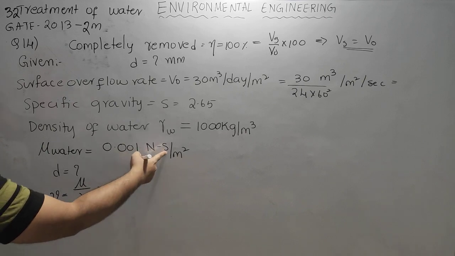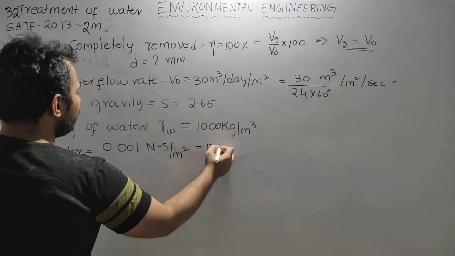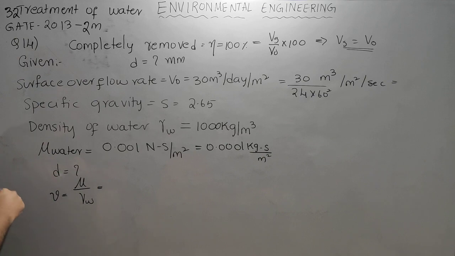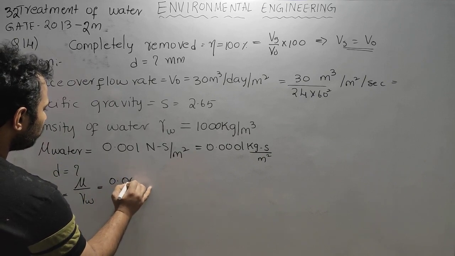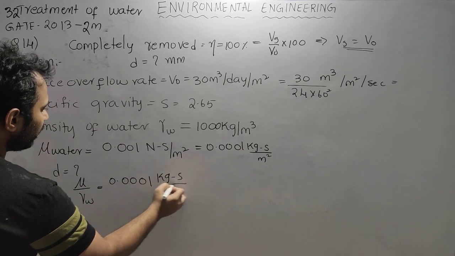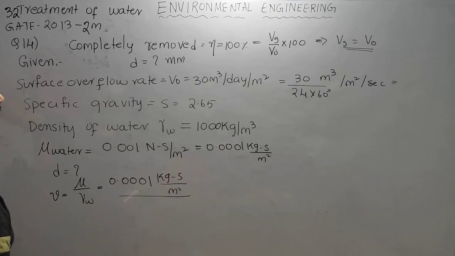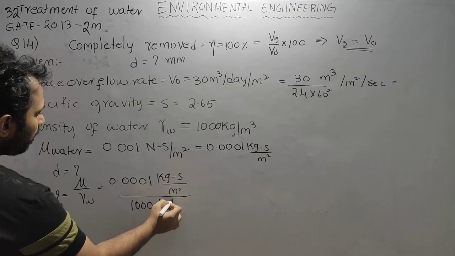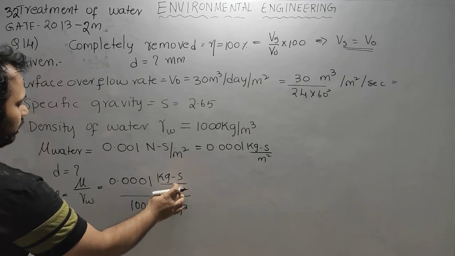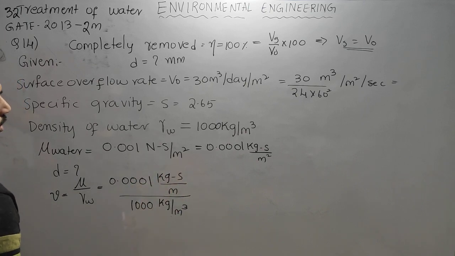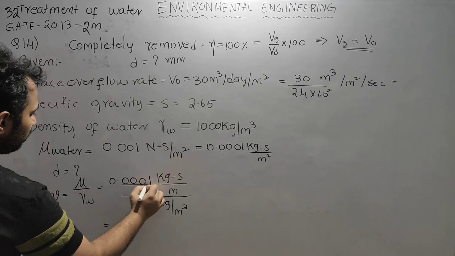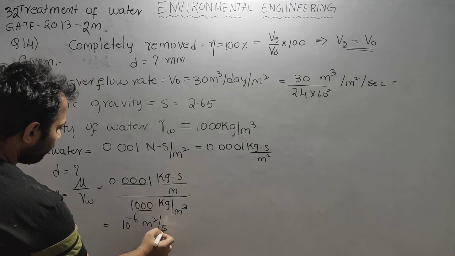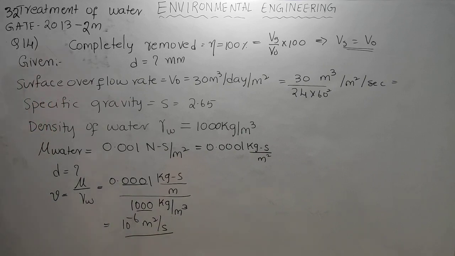So the dynamic viscosity is 0.0001 kg second per meter square, divided by 1000 kg per meter cube, which is equal to 10 to the power of minus 6 meter square per second. That is the kinematic viscosity.